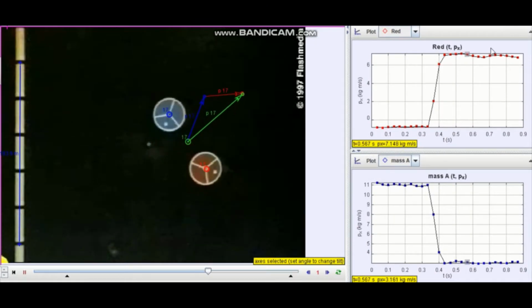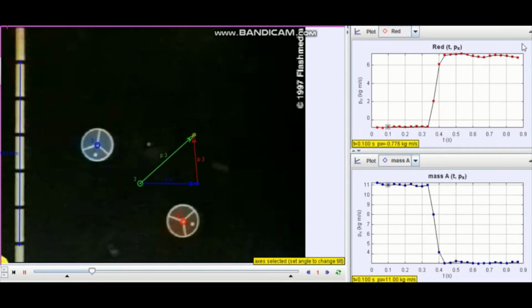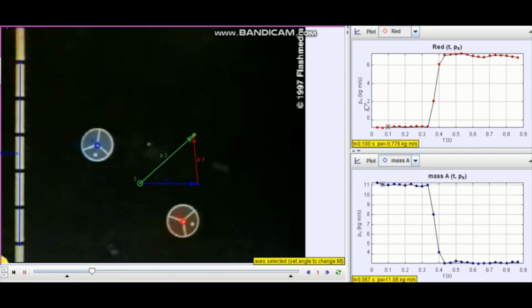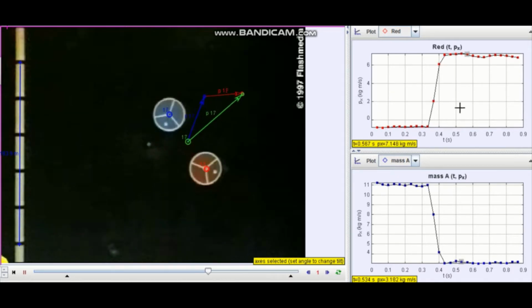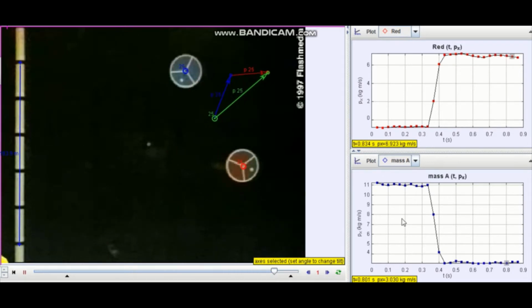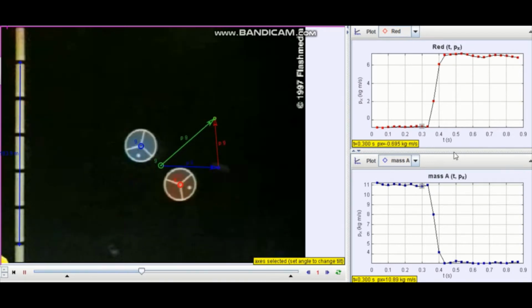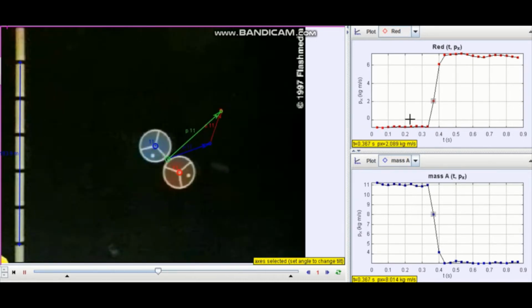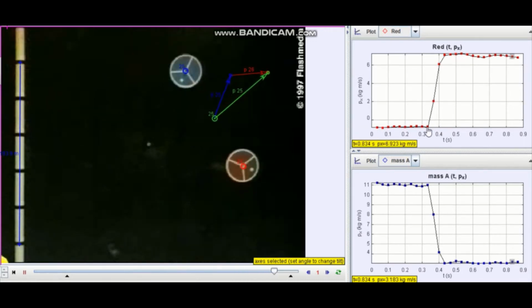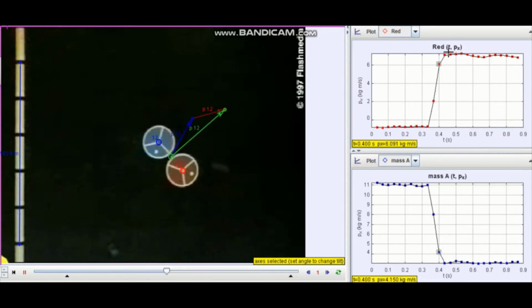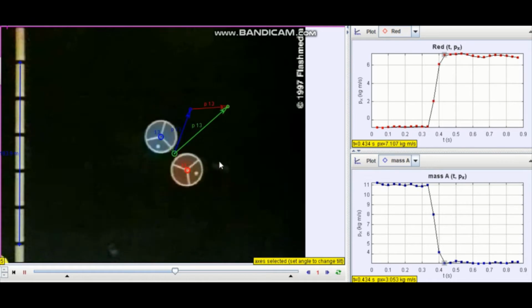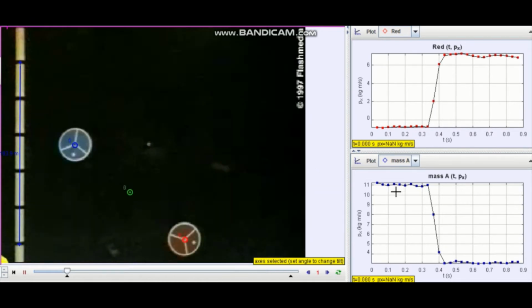Here's another way of analysing that same collision. This time I've got some graphs over the side here, and these graphs show the horizontal momentum of the red puck at the top and the horizontal momentum of the blue puck at the bottom. You'll notice that the red puck has no horizontal momentum before the collision, and then after the collision it jumps up to have quite a lot of horizontal momentum, and that matches what's happening to the motion of the red puck in the image.